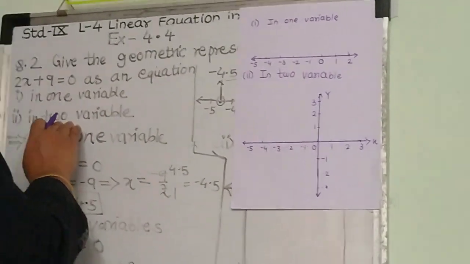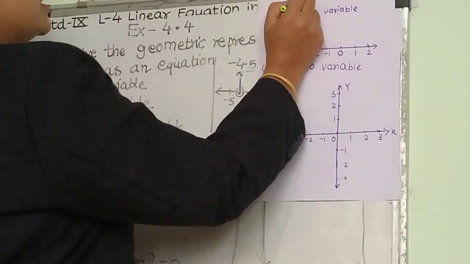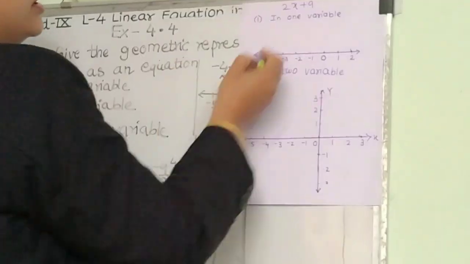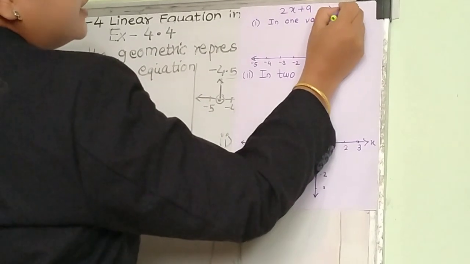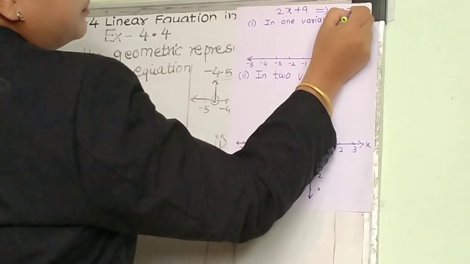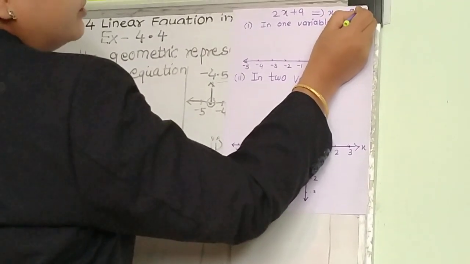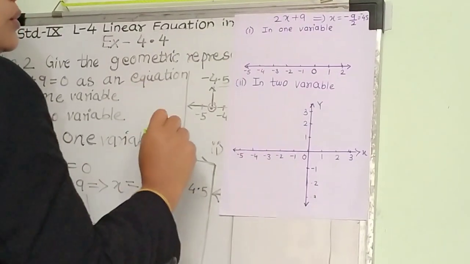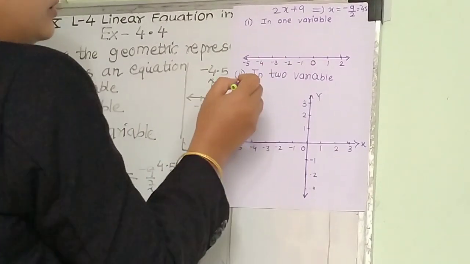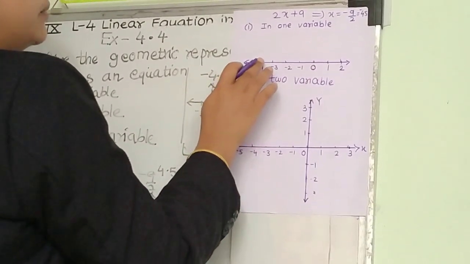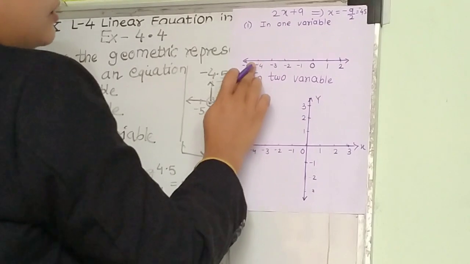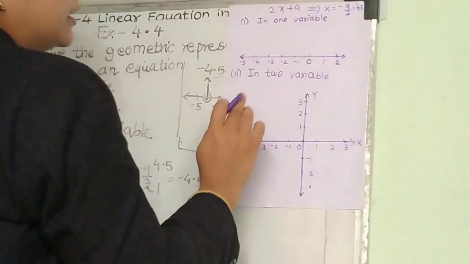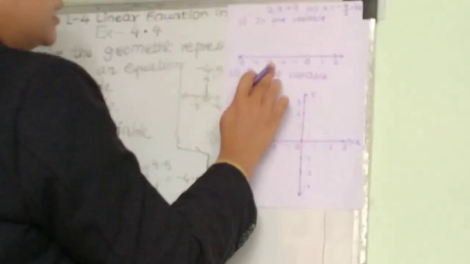See, we learned that our equation is 2x plus 9. In one variable it will come x equals minus 9 upon 2, that is minus 4.5. So how do we represent this equation geometrically? For this we first draw a number line. Here I am drawing the number line.